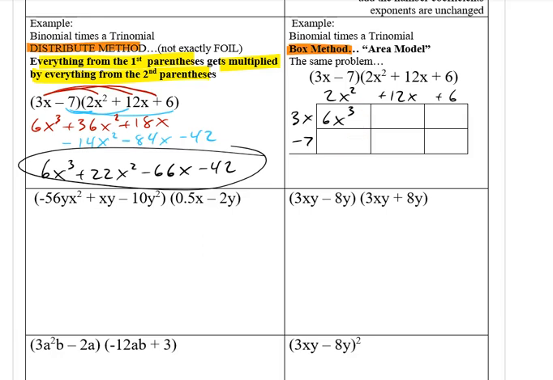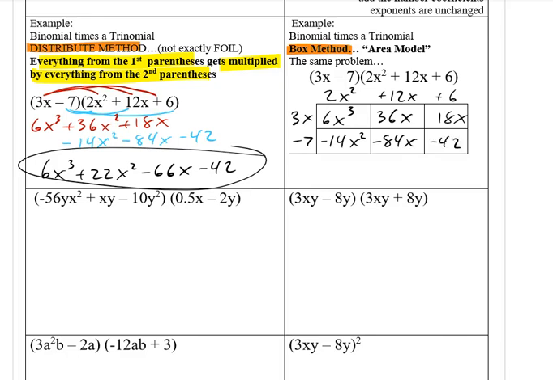And that would be negative 14x squared. Keep going, I multiply 3x and 12x makes it 36x. 3x and 6 makes it 18x. Negative 7 and 12 makes a negative 84x. And negative 7 and 6 makes a negative 42.